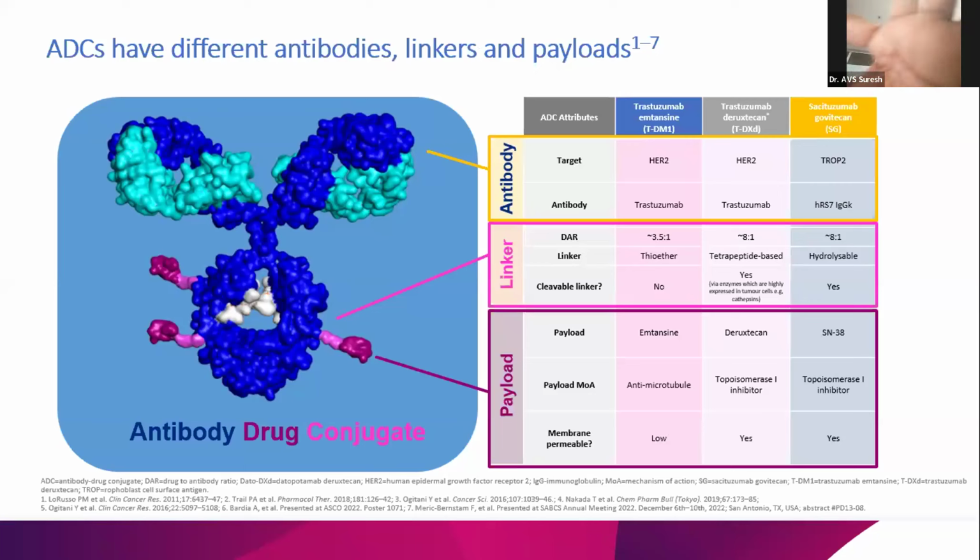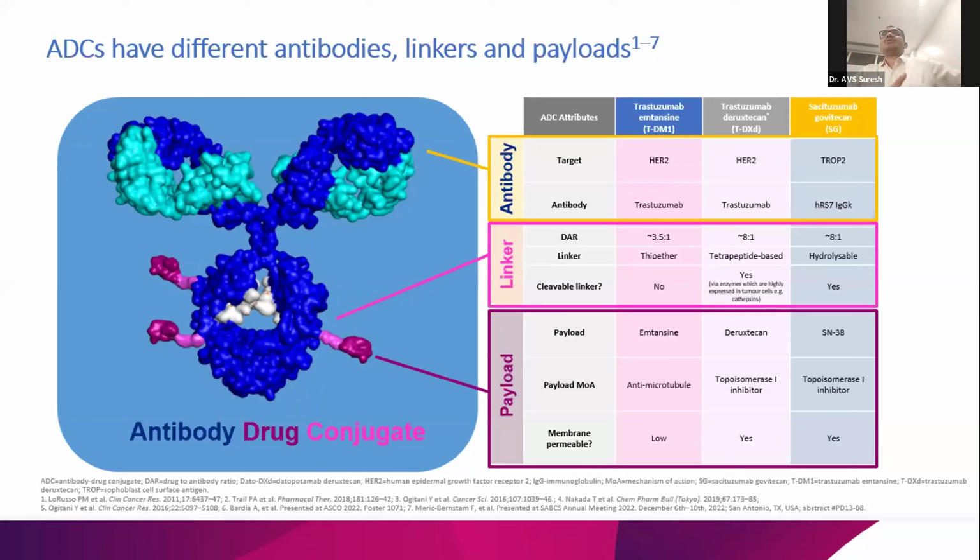So this is going to have different functions. If you look at the antibody target of T-DM1, all of them are HER2, whereas for sacituzumab, it is going to be TROP2. And the antibody here is trastuzumab, there it is going to be a humanized immunoglobulin. The linkers are different.